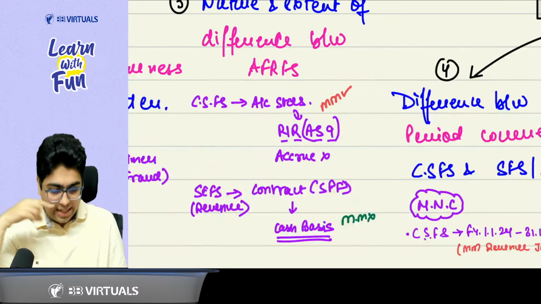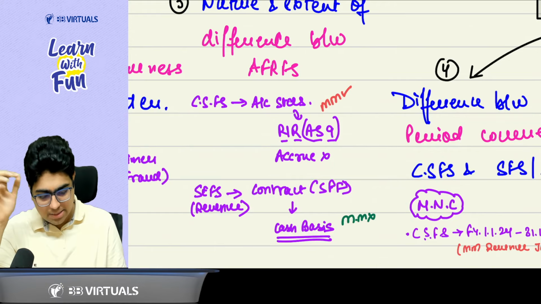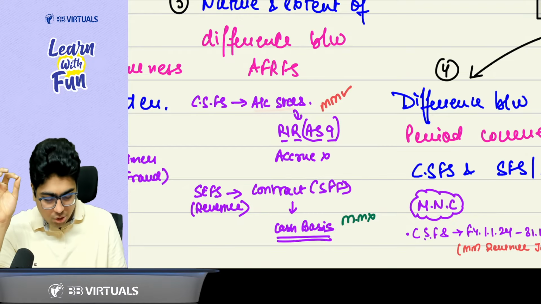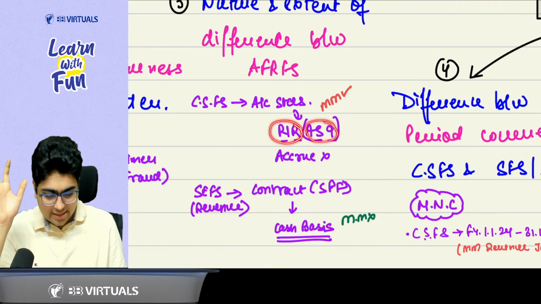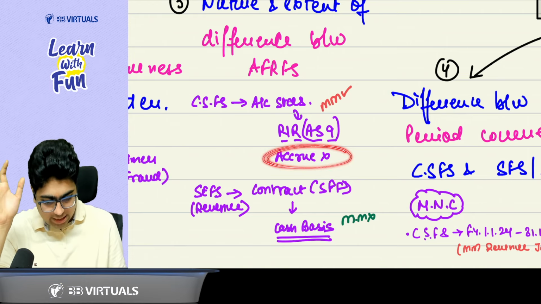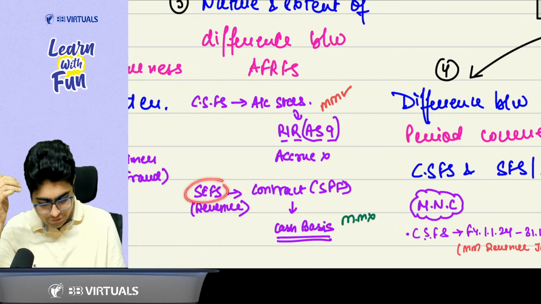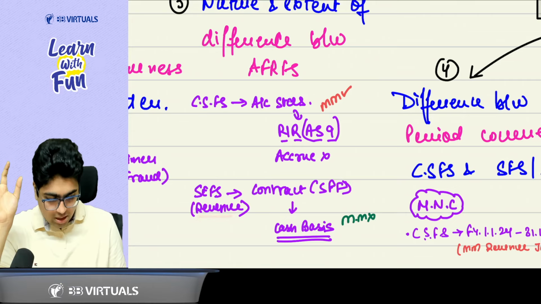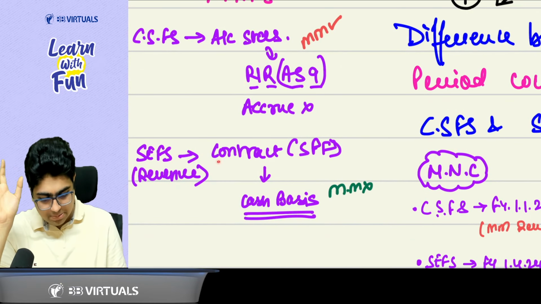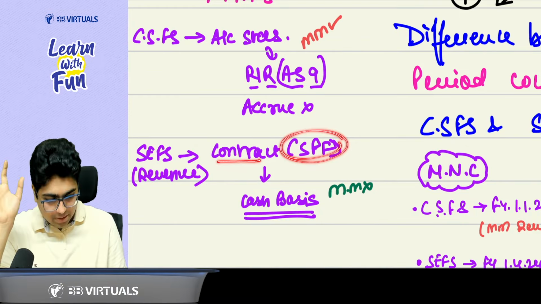Let's say your complete set of financial statements is prepared as per accounting standards, so you need to recognize revenue as per AS 9. But because you did not recognize revenue on an accrual basis, there was a material misstatement. Talking about a specific element of the financial statements, in the audit of SEFS you are auditing the revenue, but this revenue audit is done as per the contract, that means a special purpose framework.